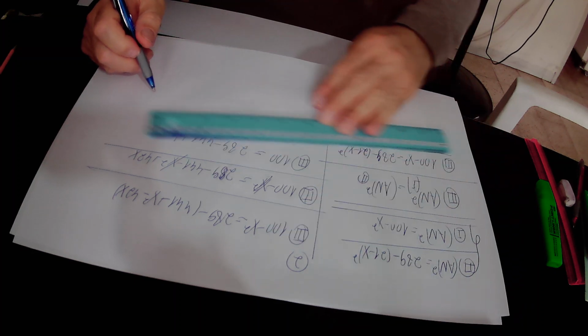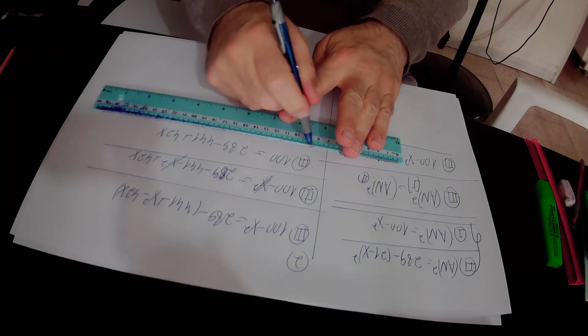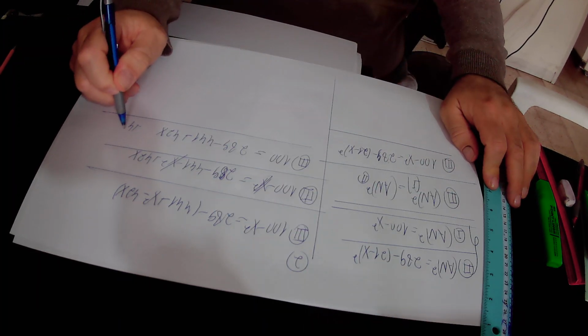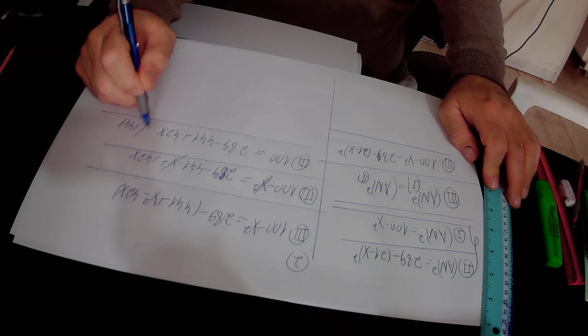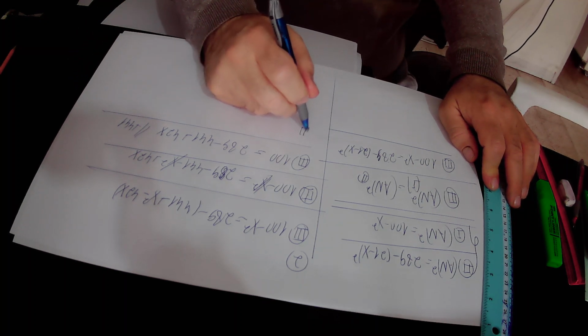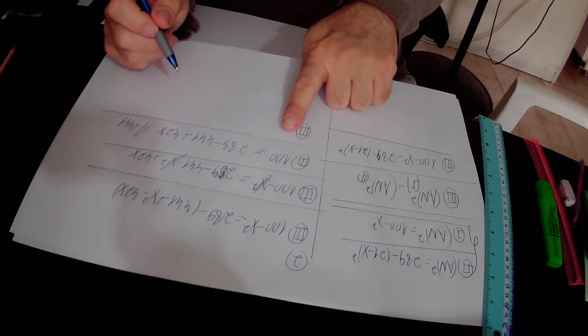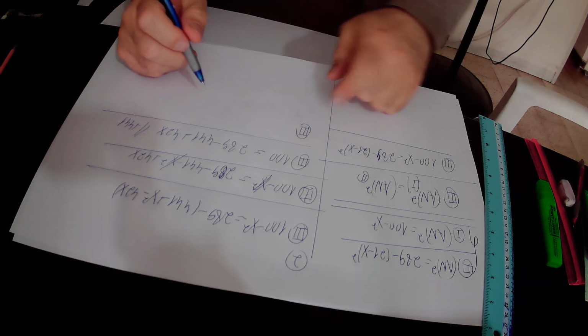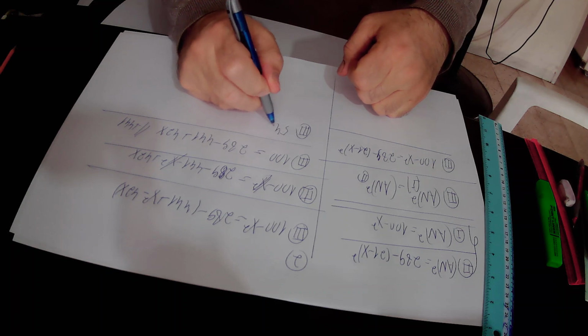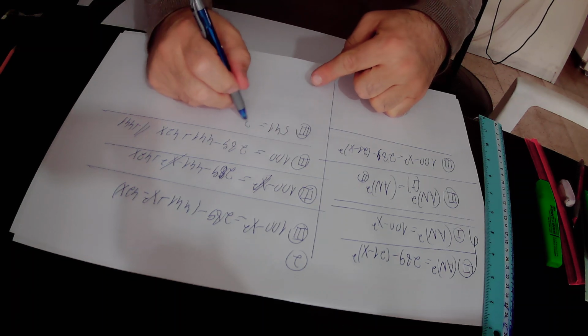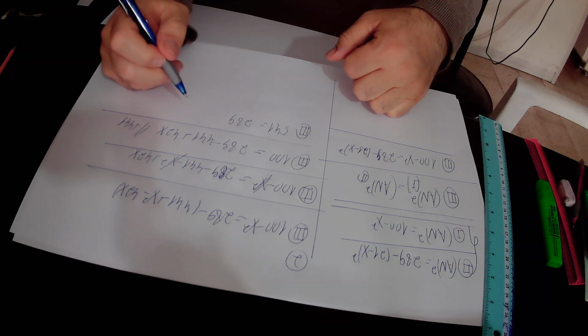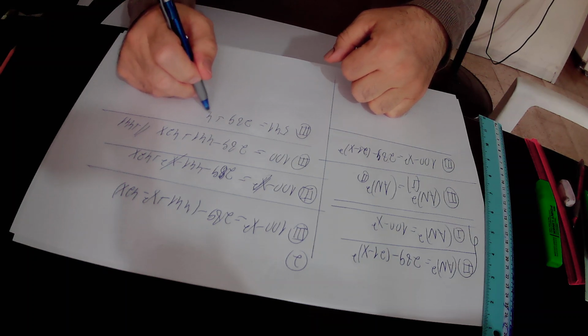Here we add 441 to equation 3, and we get 100 plus 441 equals 541. So 541 equals 289 plus 42x.